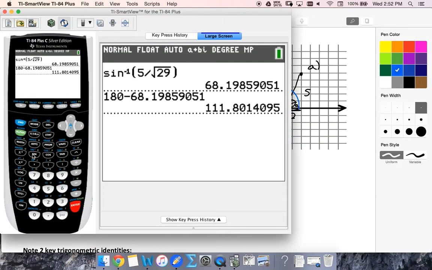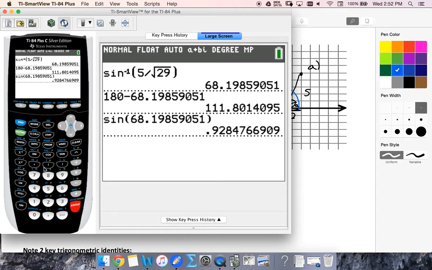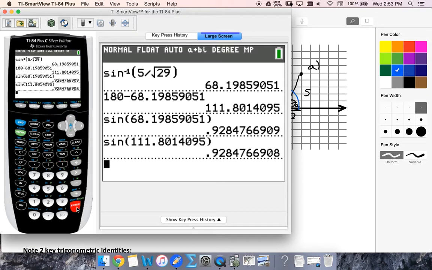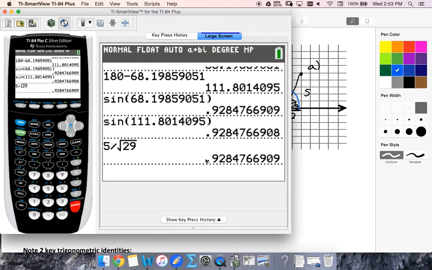So sine of this first angle, sine of this second angle, 5 over root 29. All three of those are the same value. They're all equal to each other.